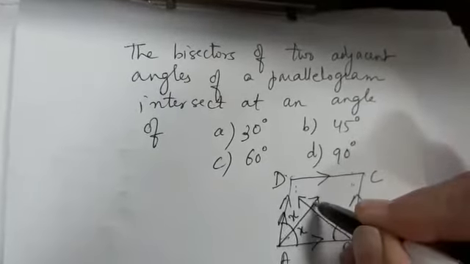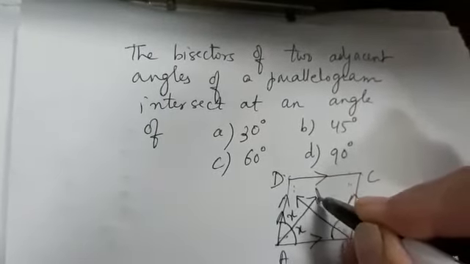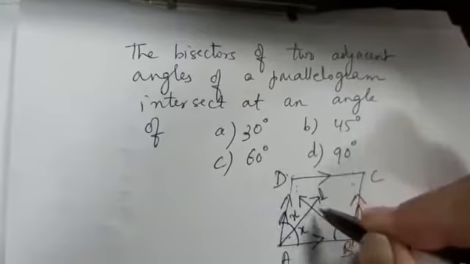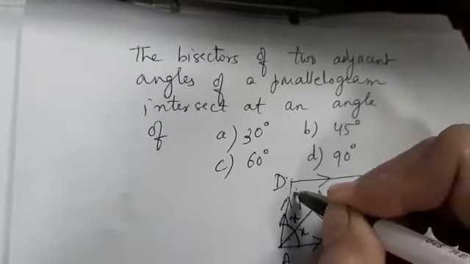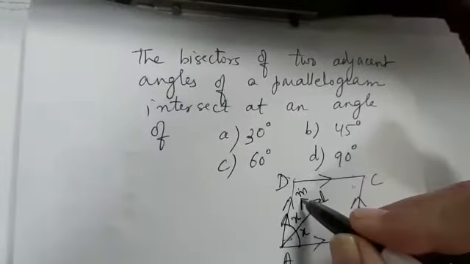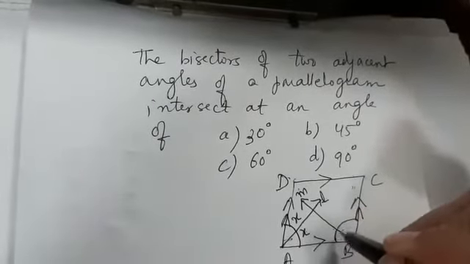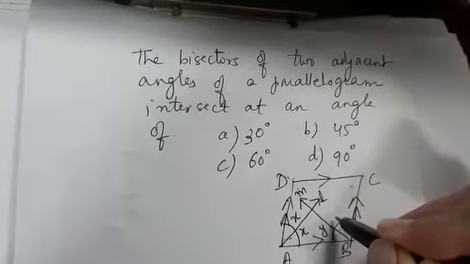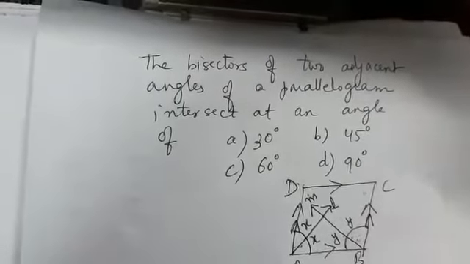So here I have taken L as the bisector, and for this M is the bisector, this ray. So if this is y, this is also y, right?